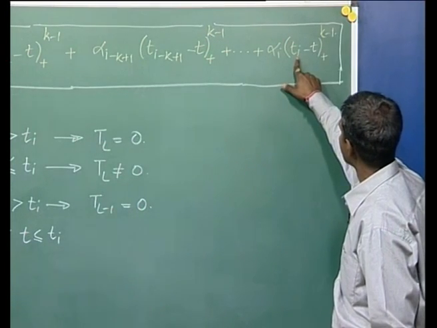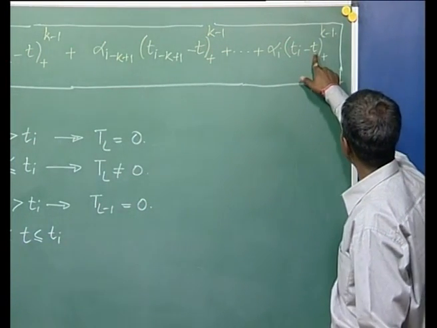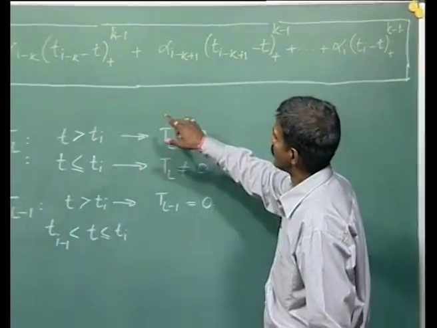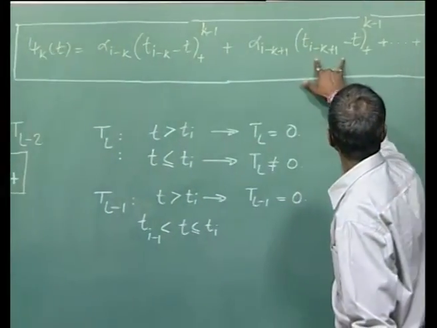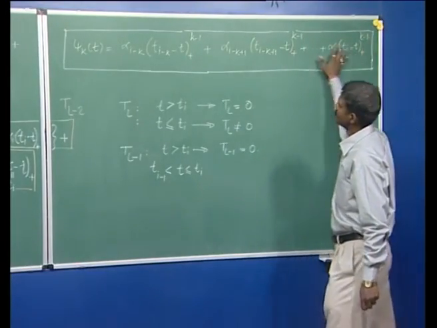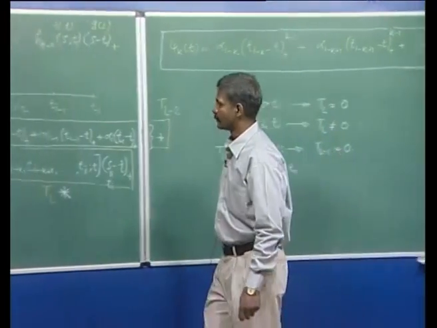Change this index to i minus 1. And for values of t greater than t_i-1, you would notice that all these terms will be negative, and because of which this entire expression will be 0.